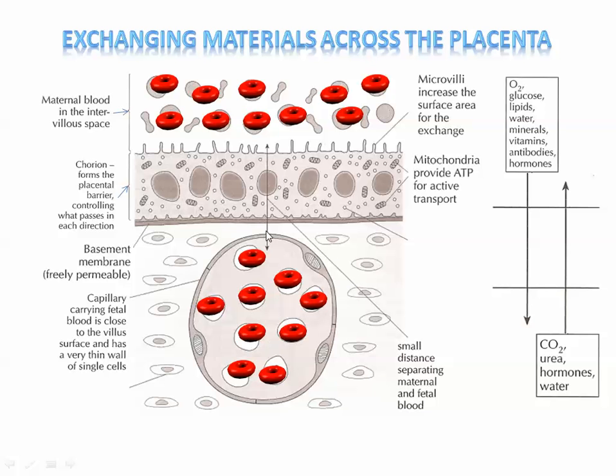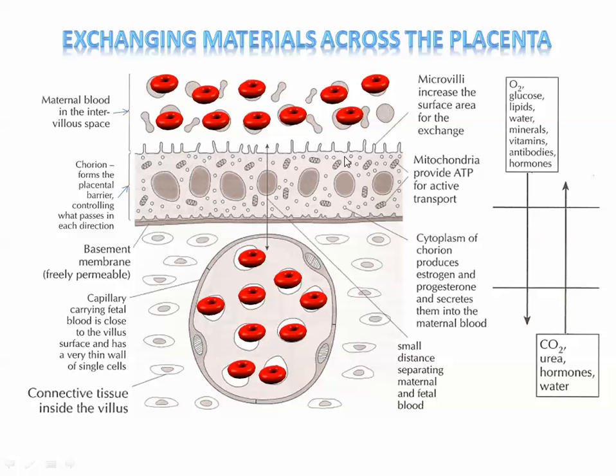A very small distance separating the maternal and the fetal blood. And the chorion also plays a role in the production of particular hormones, and in this case it would be estrogen and progesterone, and then some connective tissue that's going to hold all of this together.